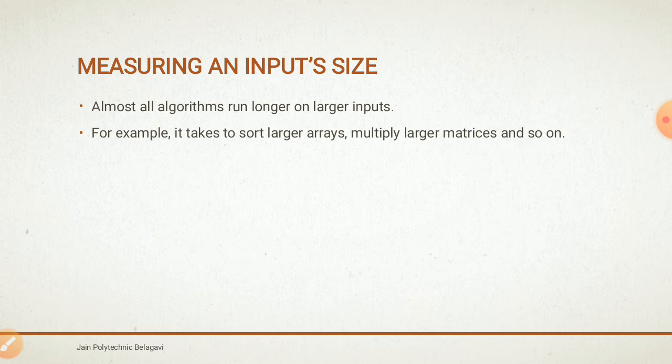Based on the inputs what users give to that particular algorithm, it will be running that particular code, that particular algorithm, and it will be taking longer period of time for that particular input size. Based on the input size, the algorithm's efficiency will be measured. So in turn based on input size we will be measuring that.